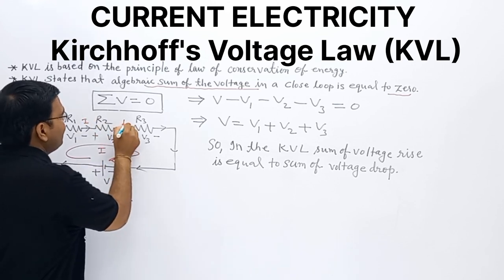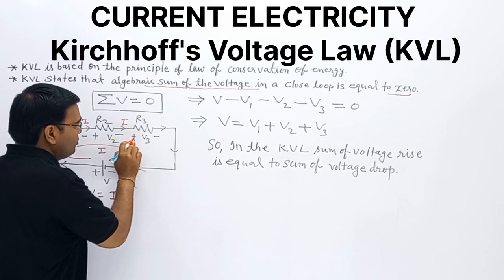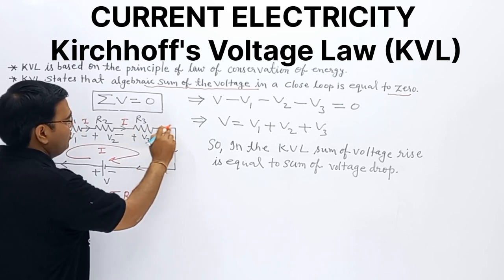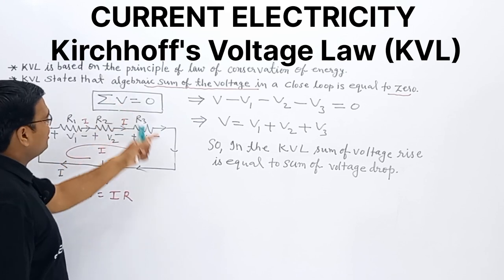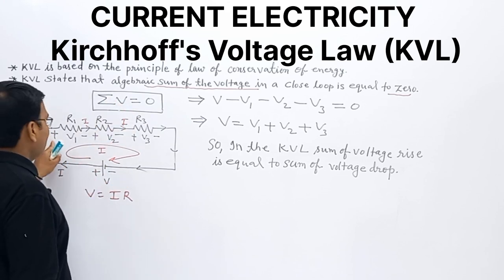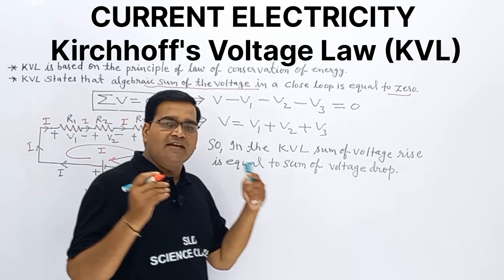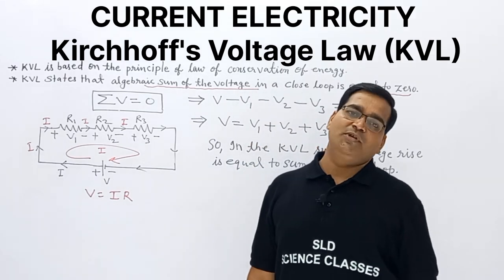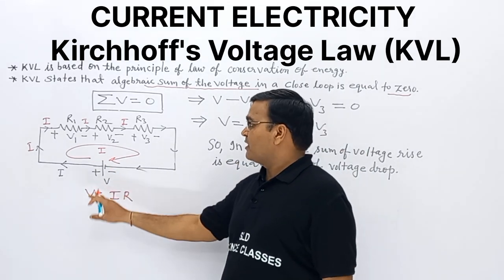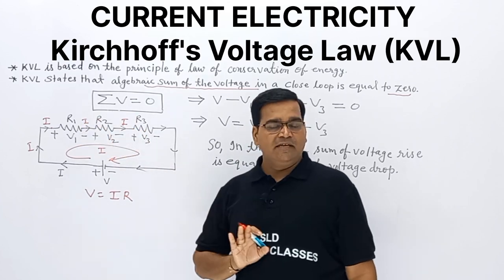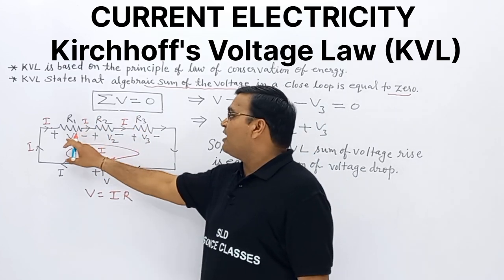Negative. Again current I enters R2, the entering point is positive and the leaving point is negative. Again current enters, so positive, leaving, so negative, and again it comes to the negative terminal. So in any element, current entering means that terminal is positive, and leaving means negative terminal. Clear? Now in all elements the current I is flowing, but the voltage will be different.